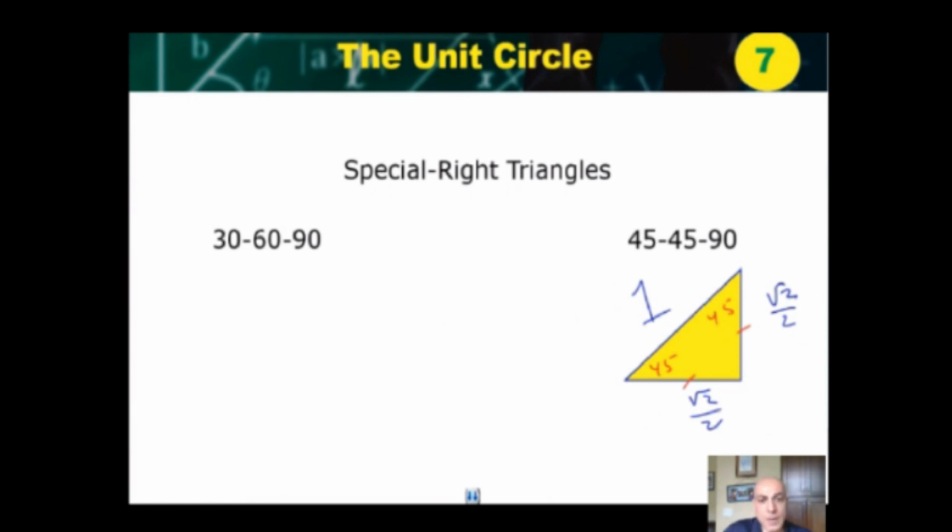30-60 should be like this. And this one, we're going to have a 1 because of the unit circle. And this one is half as much. This one is half as much times square root of 3, or square root of 3 over 2. It doesn't matter which one you do.